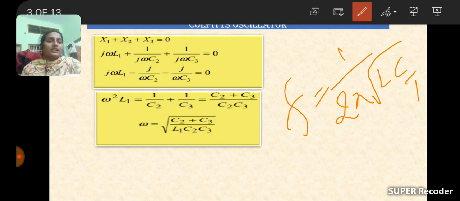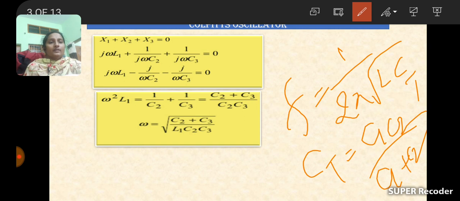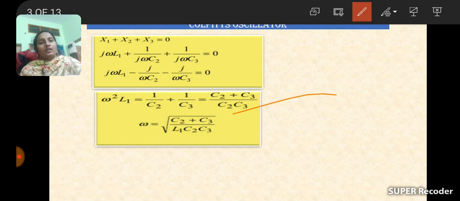Here C indicates CT, the total capacitance. Because the capacitors are connected in series, total capacitance CT is equal to C1 C2 by C1 plus C2. So this is the mathematical expression for the frequency response of the Colpitts oscillator.